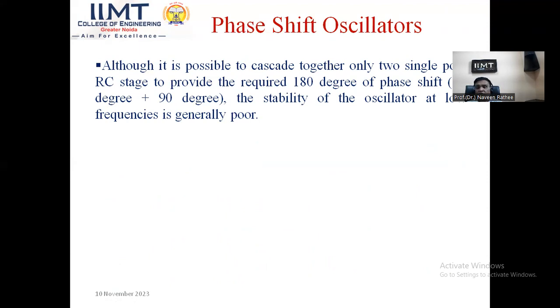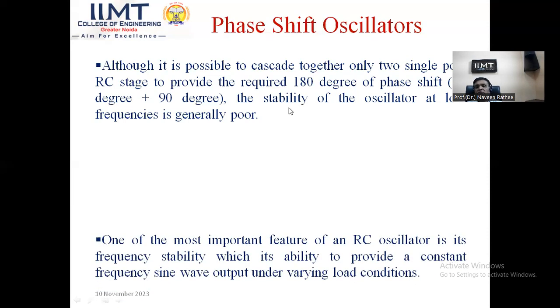The reason is that when you generate a phase shift of 90 degrees, the time span will be very short, so it will be moving very fast. When the time span is more, since time and frequency are inversely proportional, the frequency will become lower. So that is why we avoid two single pole RC stages.